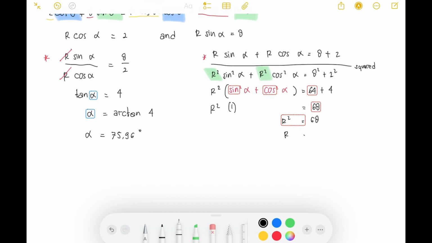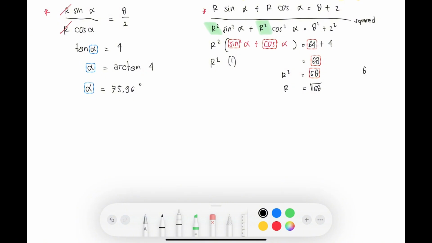So what is r then? It will equal to root of 68. Divide 2, 34, divide 2, 17. Okay, this one 17 already. So this r is actually 2 root of 17.